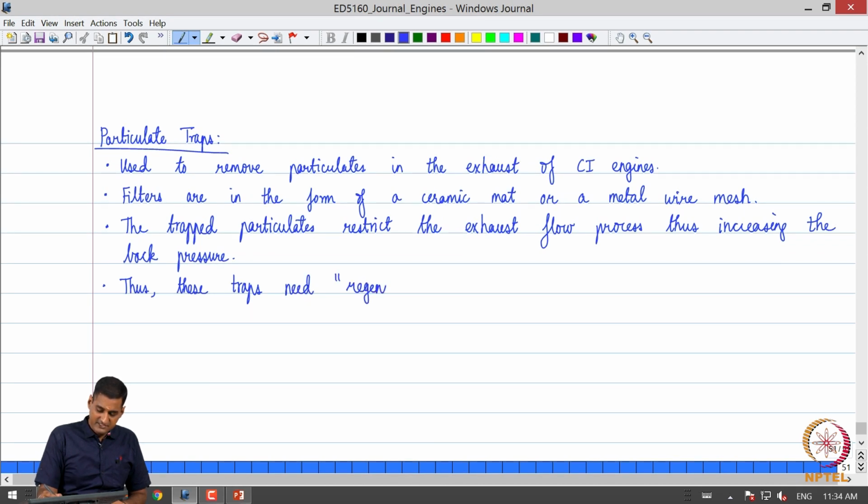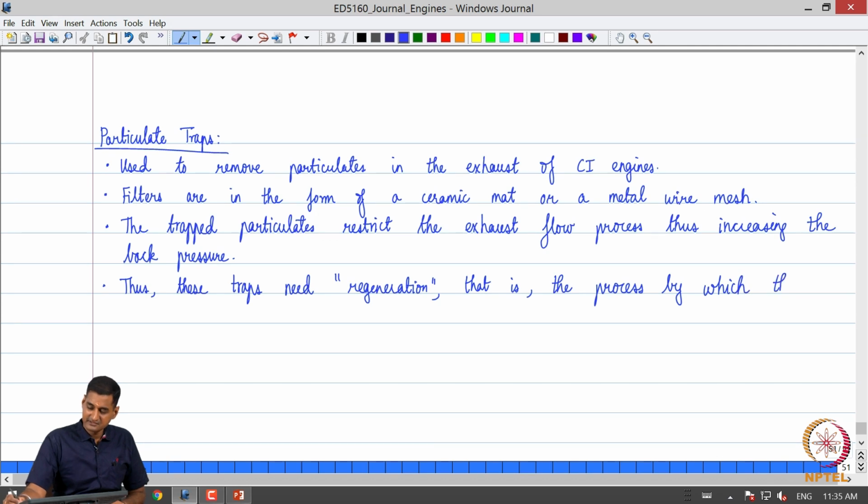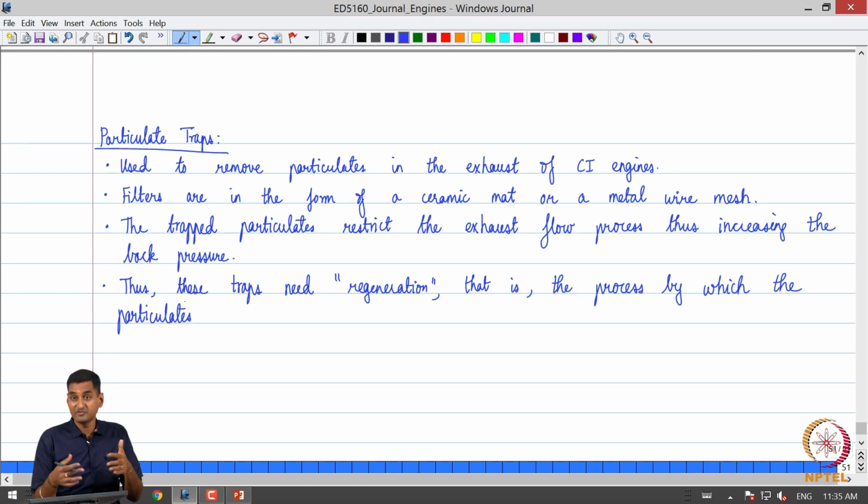This term regeneration, in this context, refers to the process by which the particulates are oxidized. This means that we need to subject the particulate filter itself to high temperatures and provide it enough oxygen to oxidize these carbon soot particles. That is the process of regeneration.